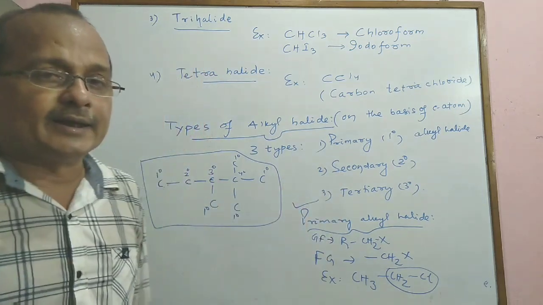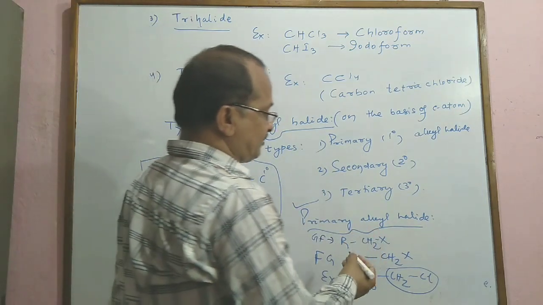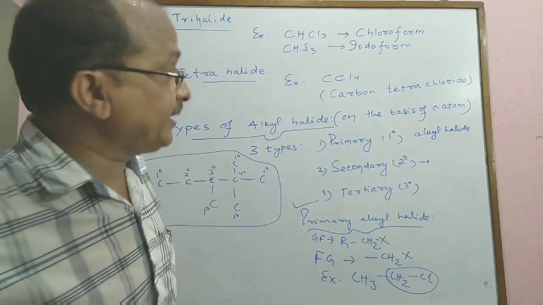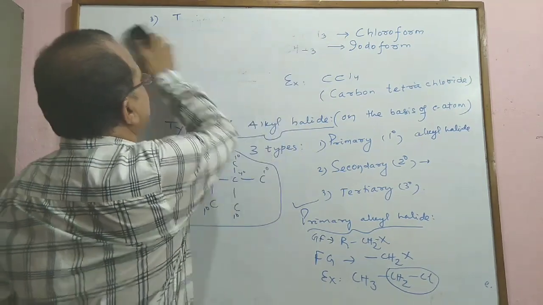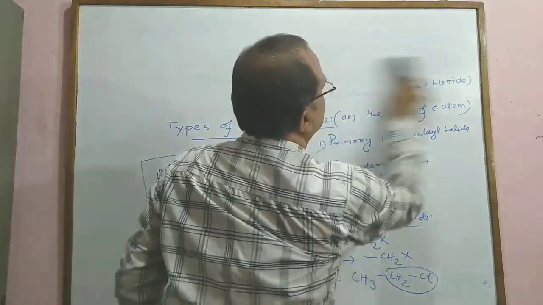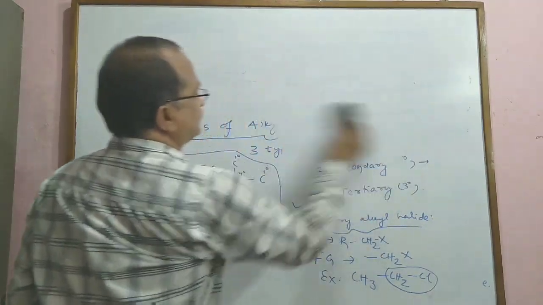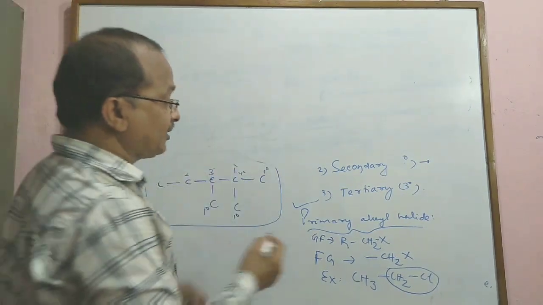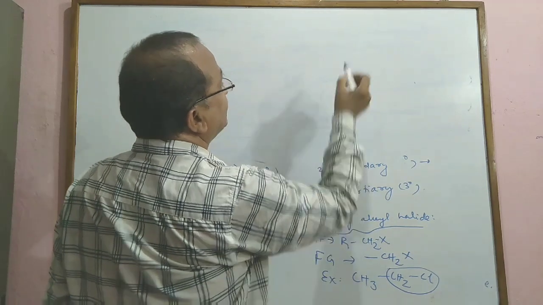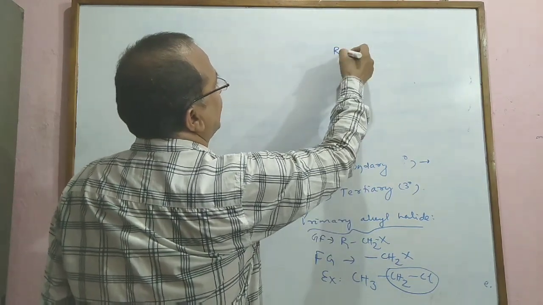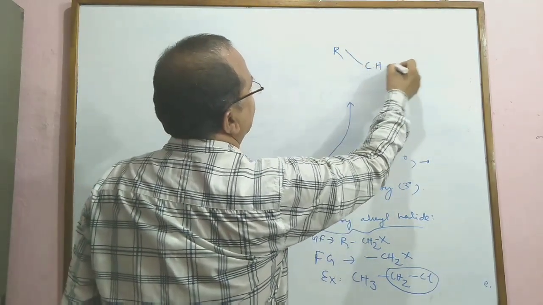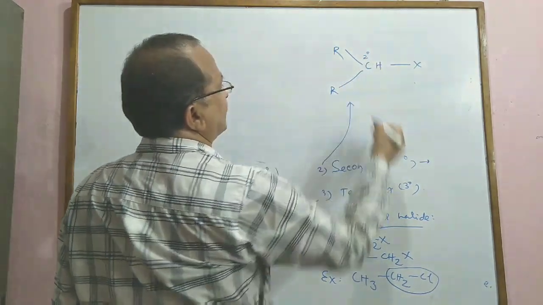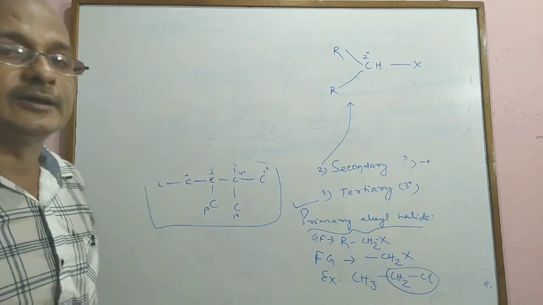Secondary alkyl halide means the halogen atom is attached to the secondary carbon atom. Okay, see. The general formula of secondary alkyl halide is RCHXR, where R is the alkyl group, so this is the secondary carbon atom to which the halogen atom is attached.